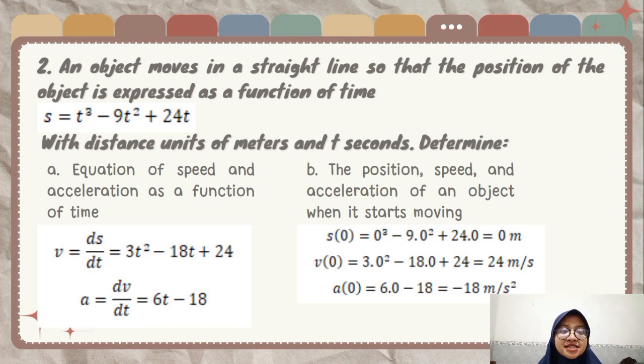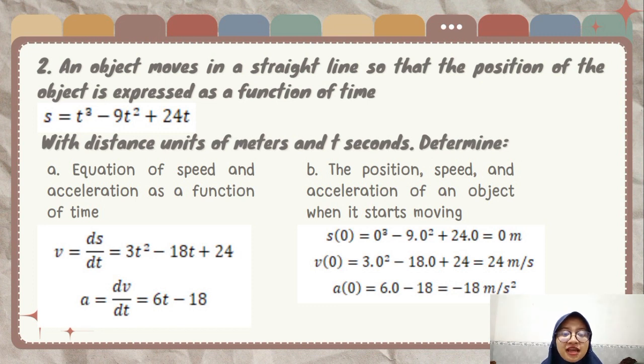b. The position, speed, and acceleration of an object when it starts moving. s(0) = 0^3 - 9 times 0^2 + 24 times 0 = 0 meters. v(0) = 3 times 0^2 - 18 times 0 + 24 = 24 meters per second.